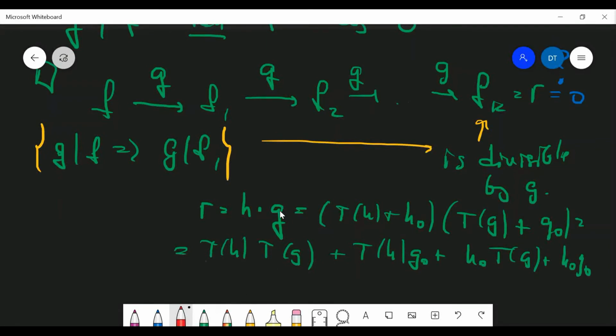My claim is that you cannot cancel this term. If you cannot cancel this term, then this monomial is divisible by the leading monomial of g, and then you can proceed the reduction. So the only thing we need to show is that you cannot cancel this.